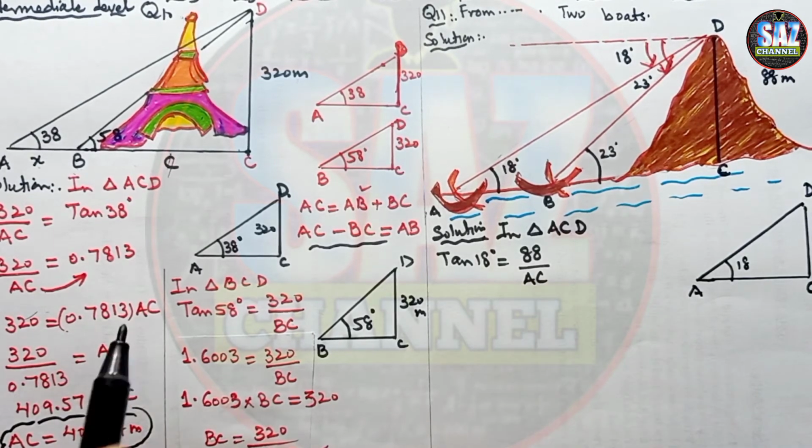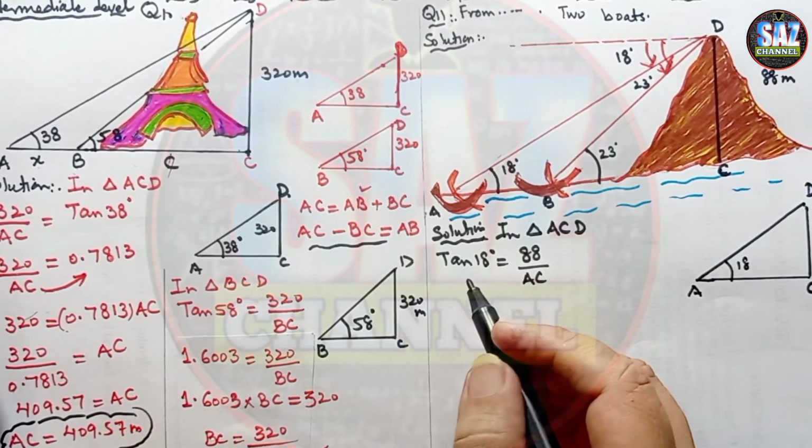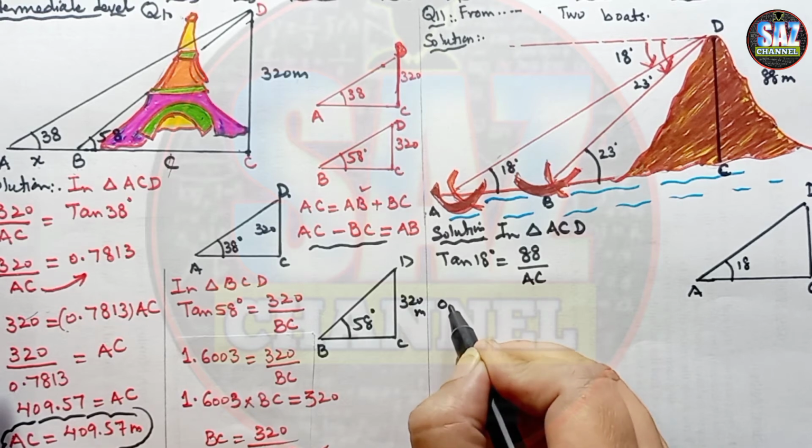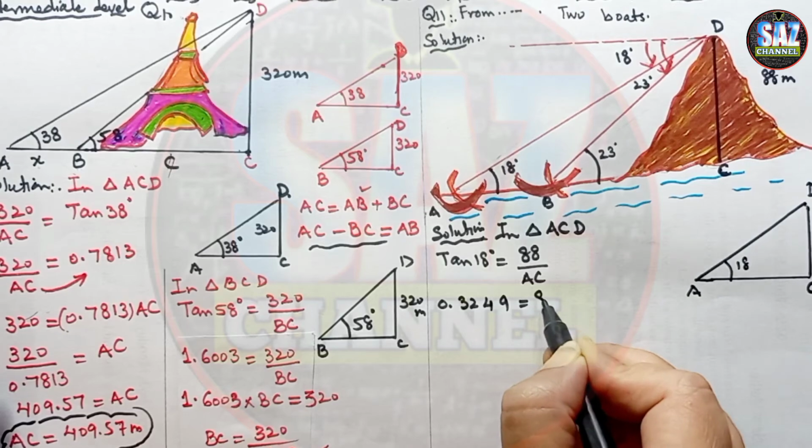Tangent 18 degrees will give me 0.3249. So 0.3249 equals 88 upon AC.